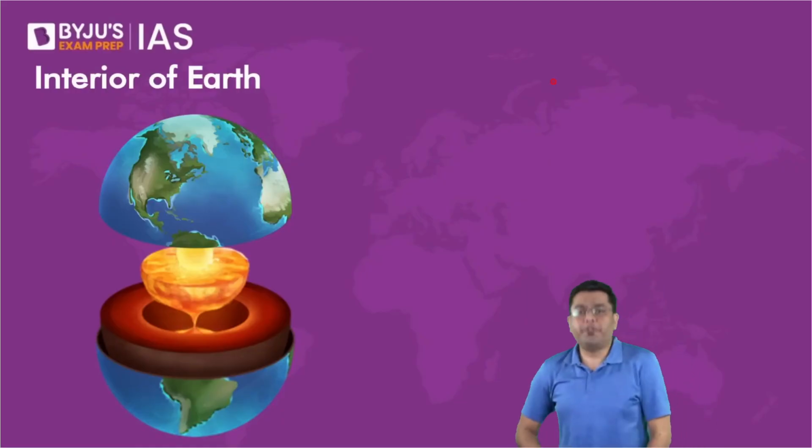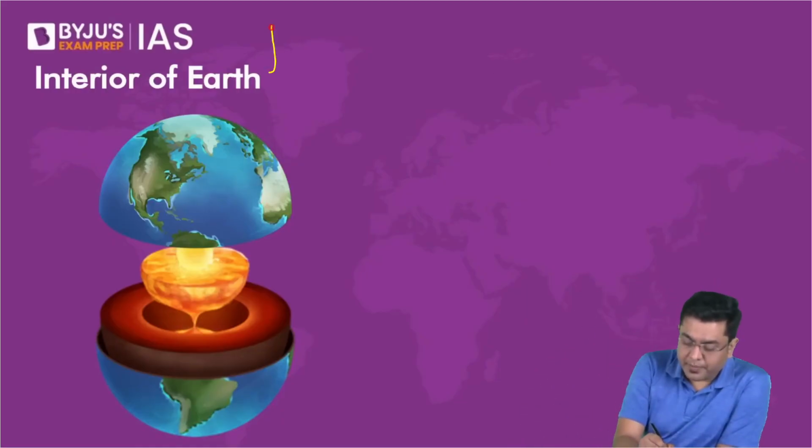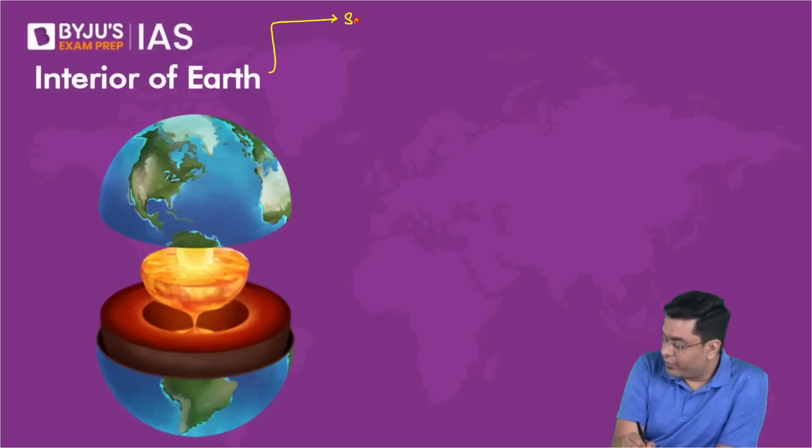How do we know the condition that the mantle is in? This person is telling us that the mantle is so dense that materials can get compressed and deformed rather than breaking. How do we know that? So we have various sources of information when it comes to the idea about the interior of the earth.